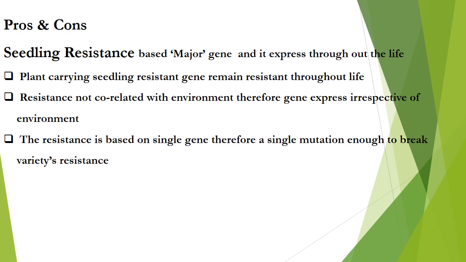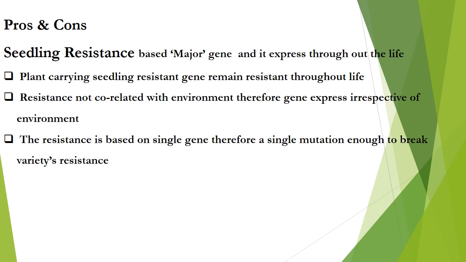But the problem with seedling resistance is that because it is based on one major gene, there is always a chance that within the pathogen population there is a mutant which has a gene of virulence that can break this major gene. And once that virulent mutant is present in a population, sooner or later the resistance is broken down.